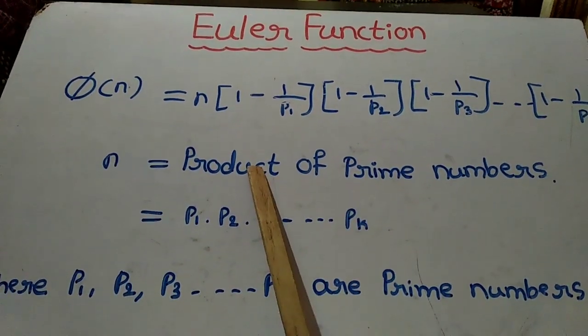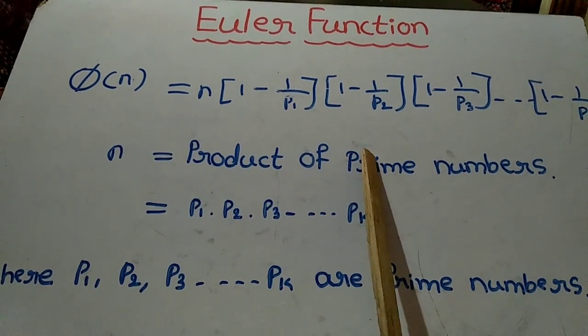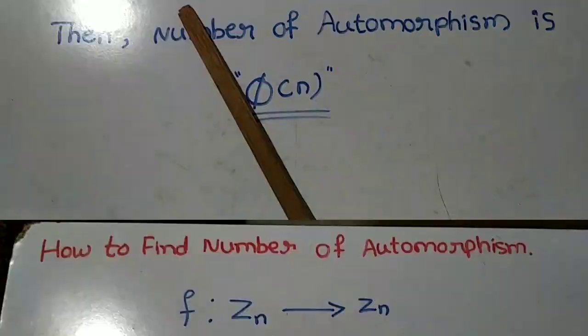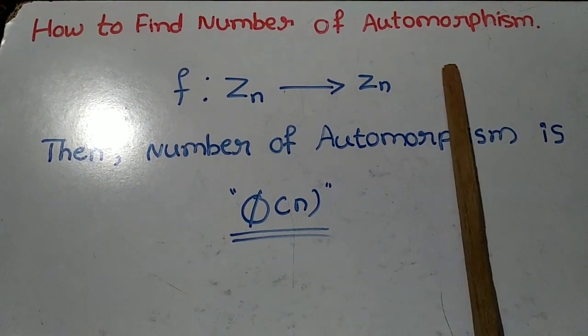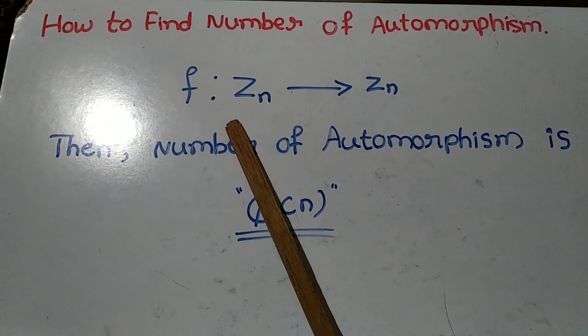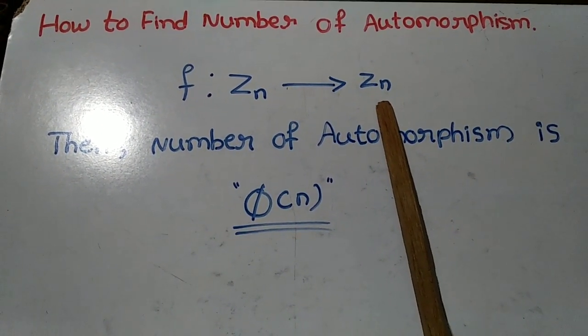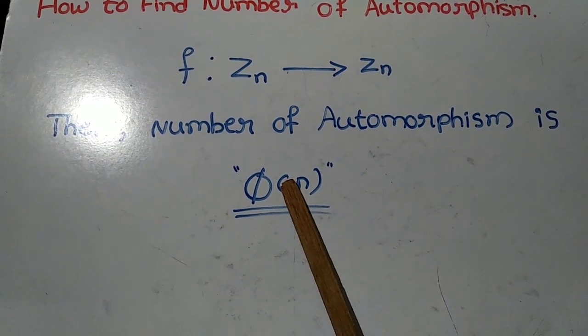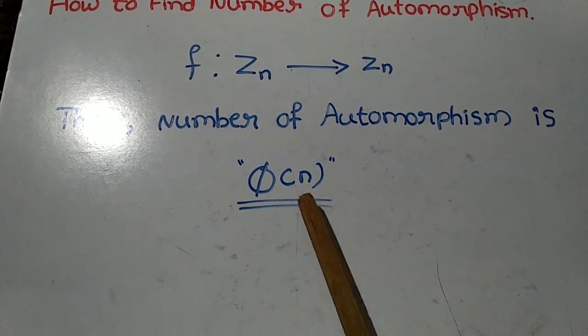Let me see how this Euler function gets applied in our topic. For finding the number of automorphisms, if the function is from Zn to Zn, then we have to apply the Euler function formula.